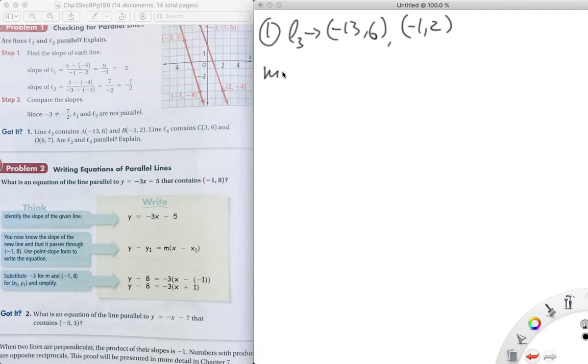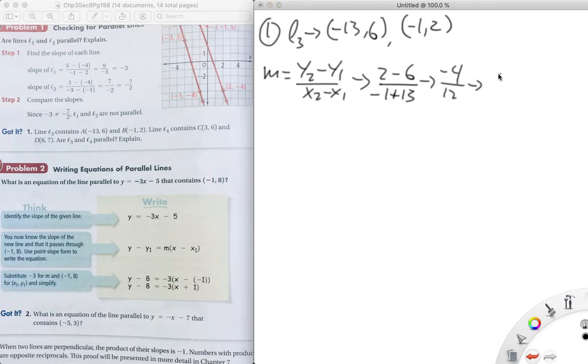So slope is rise over run, which is y2 minus y1 over x2 minus x1. In this case, I'll call these 2's and these 1's. So I have 2 minus 6 over -1 plus 13. That gives me -4 over 12, which simplifies to -1/3. So we say the slope of line 1 is -1/3.